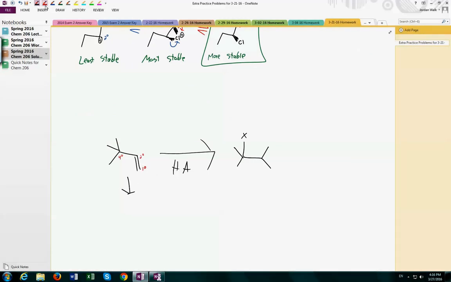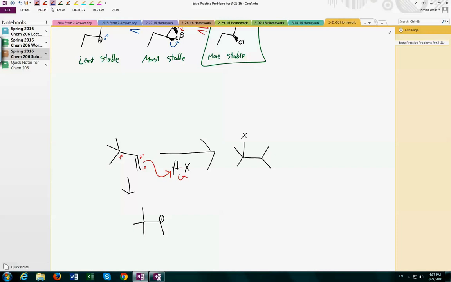If you're ever stuck in this sort of situation, you know what the first step will be with strong acid, right? We protonate the double bond. So we go ahead and protonate our double bond, and let's make that an X. If we protonate our double bond, we get a Markovnikov addition such that we form our secondary carbocation.